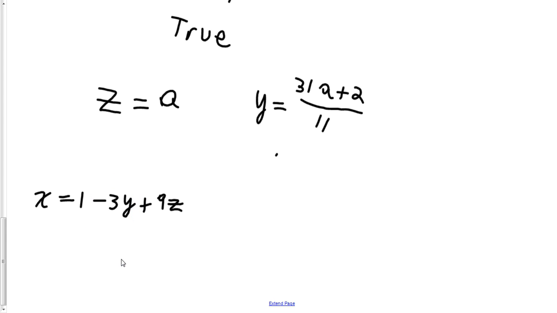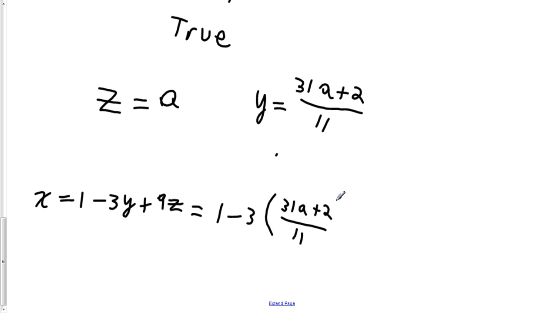All right, so I have x is equal to 1 minus 3 times, and what I have here is y. But y, remember, was 31a plus 2 over 11.